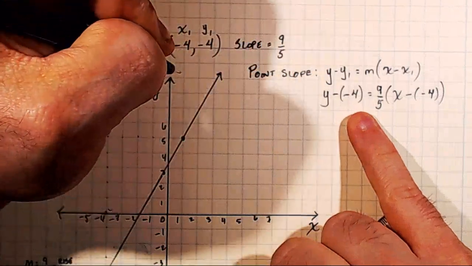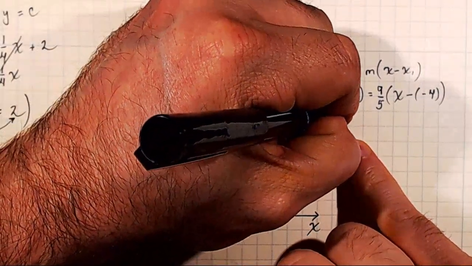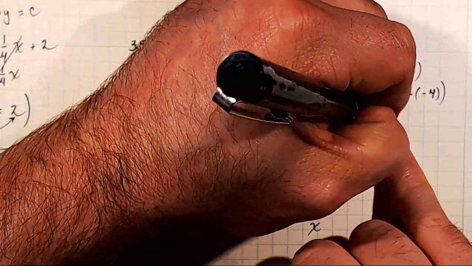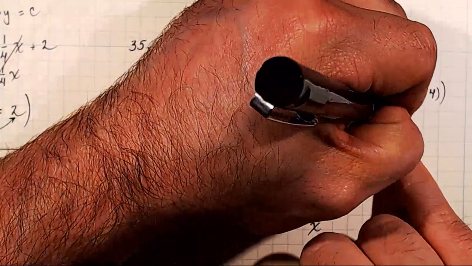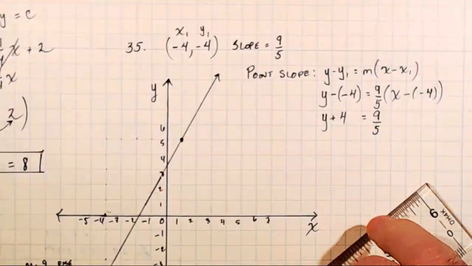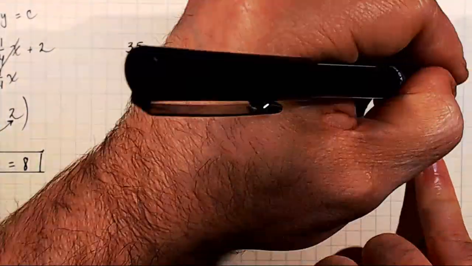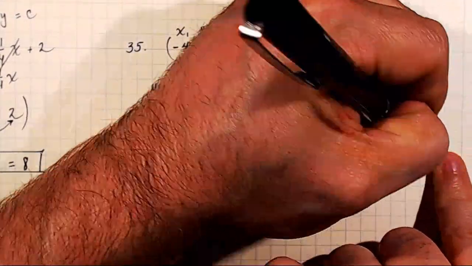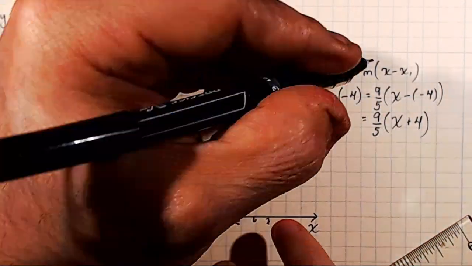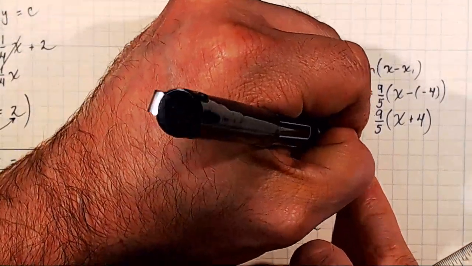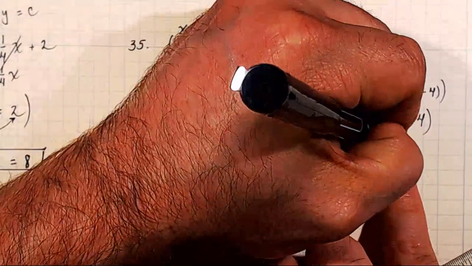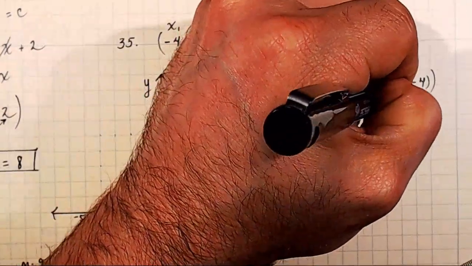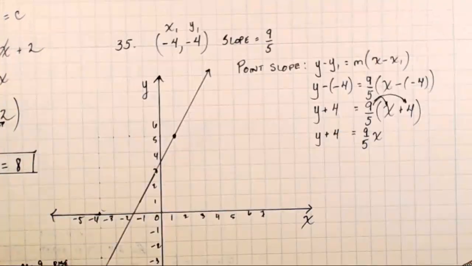So y minus -4 equals y plus 4, equals 9/5 times x minus -4, which is plus 4. Okay, and now we're ready to solve this out. Y plus 4 equals 9 over 5 x, and now distribute that 9/5 to both terms.